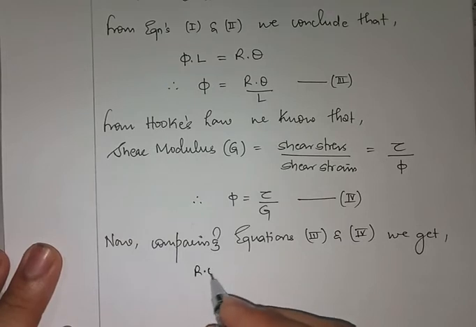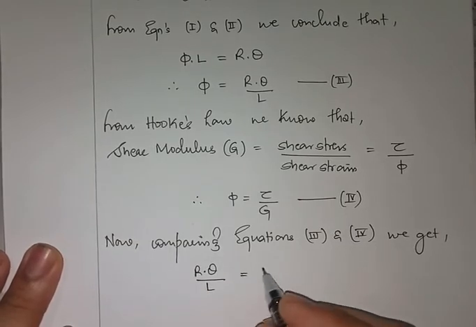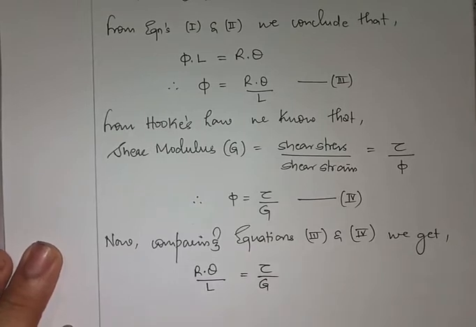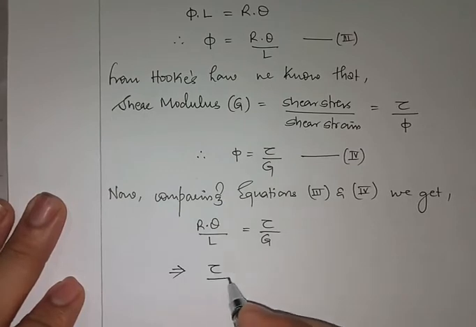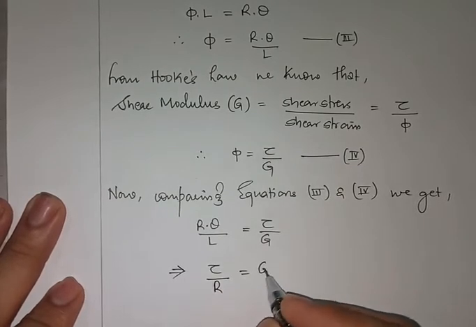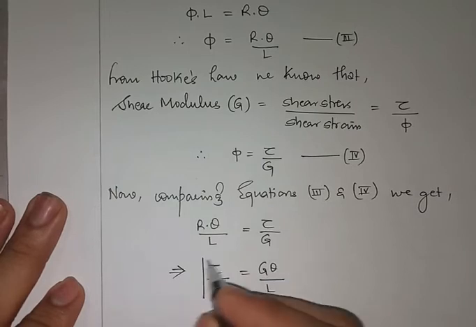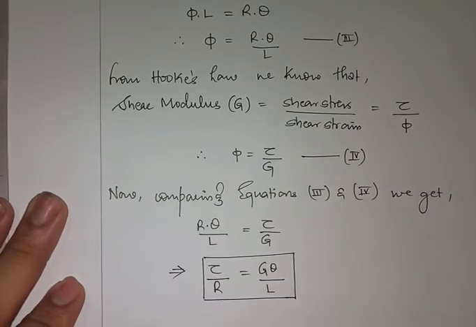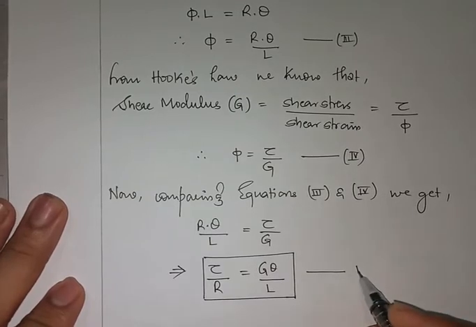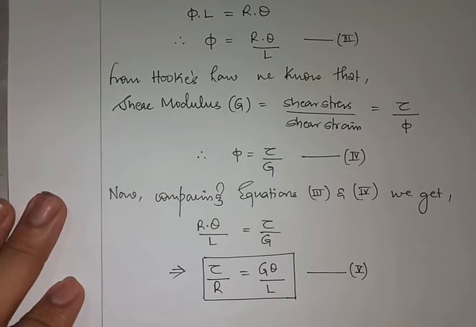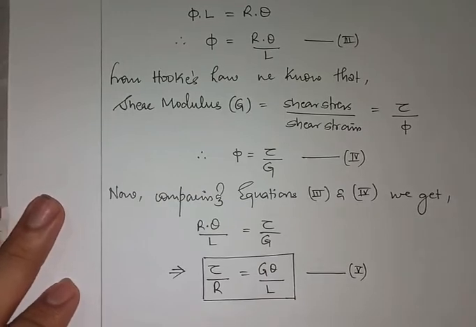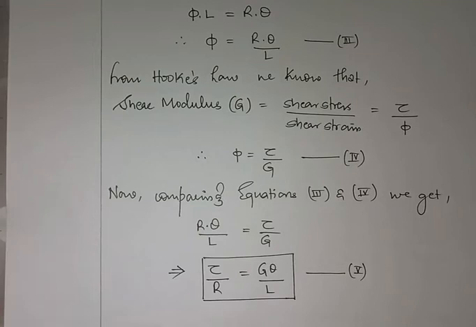So R into theta divided by L is equal to tau divided by G. If you slightly shuffle this, what I'll be getting is tau divided by R is equal to G theta divided by L. This is an important conclusion I arrive at, and I'll take it as equation number 5.